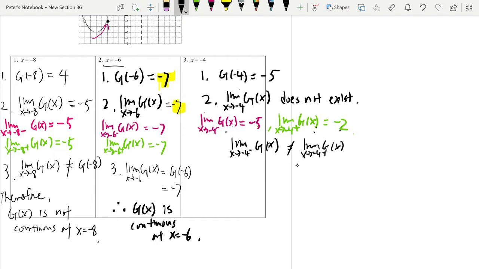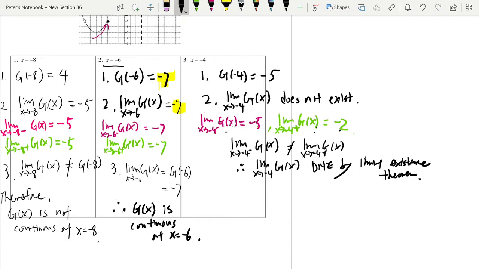Then you say the fancy mathematical notation that you just learned, or some of you folks probably already know. Therefore, the limit of g of x as x approaches -4 does not exist by the limit existence theorem. Little extra, right? That's more formal.